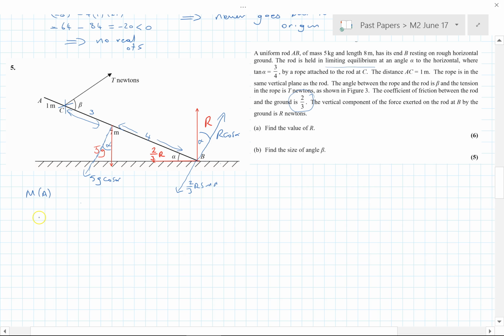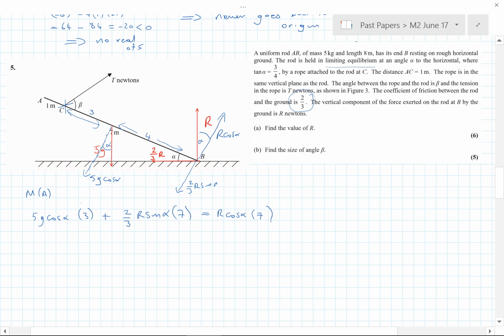So let's deal with that first of all. 5G cos alpha is the component of that times by 3 plus 2/3 R sine alpha times by 7, because the distance is 7 along there, is equal to, and then we've just got the one going anti-clockwise here, which is R cos alpha times 7.